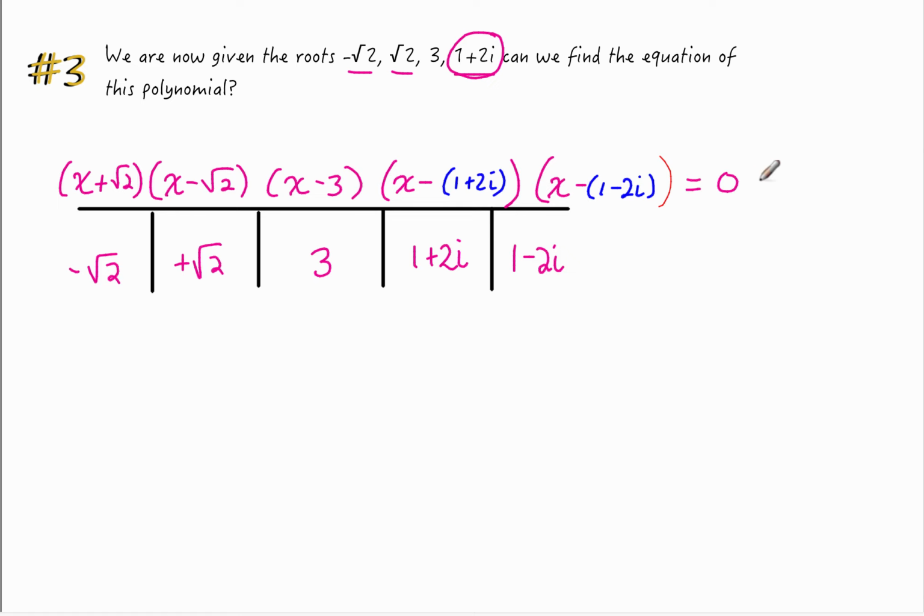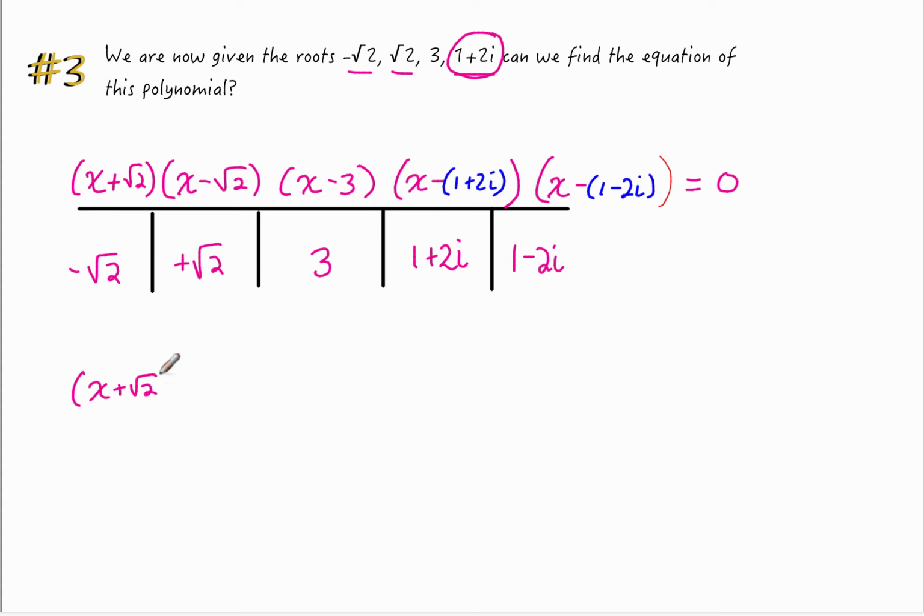All right, so now how am I going to get an equation from all this? Well, this is where you have to be very strong at multiplying these out. We'll take this x plus radical 2 and this x minus radical 2, and I'm going to multiply those out. Why?